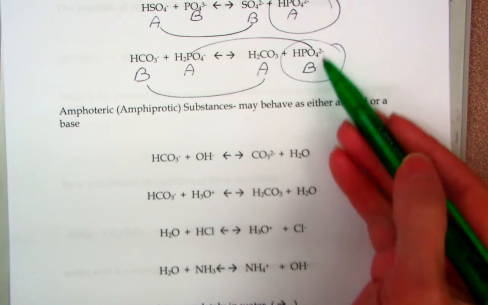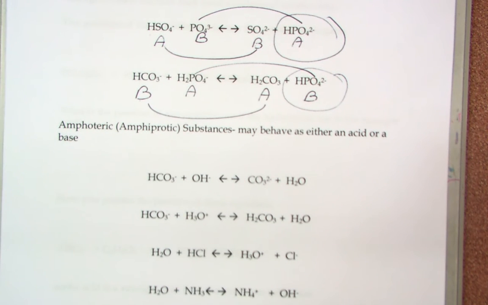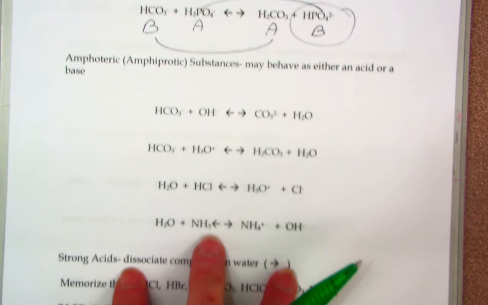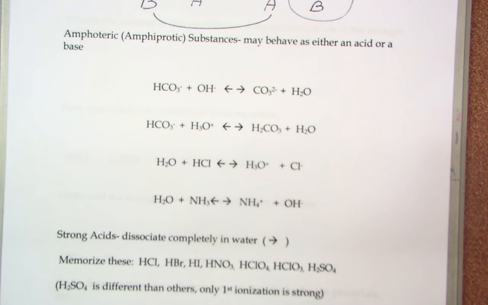So this is our first example of something that can behave as an acid or a base. It likes to swing both ways, and we call that amphoteric or amphiprotic. It's things that can have either acid or basic behavior.